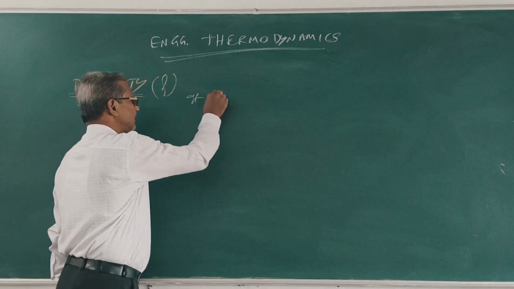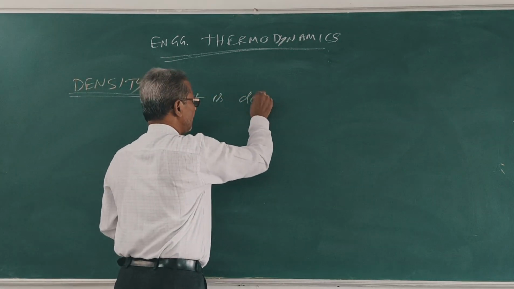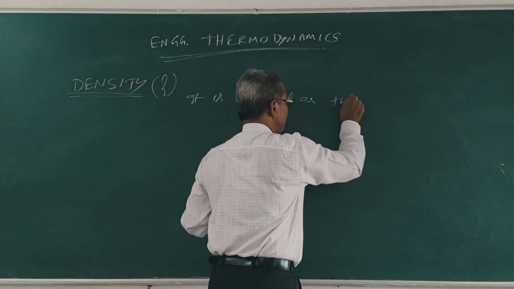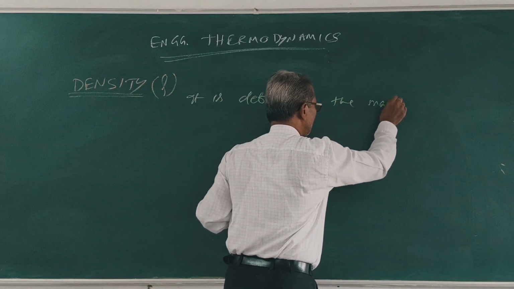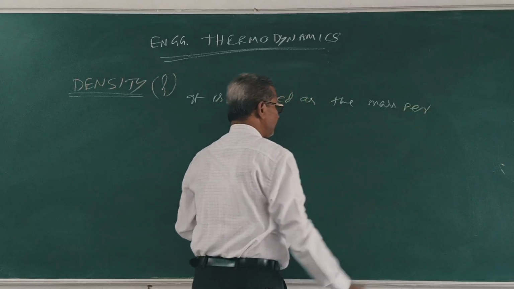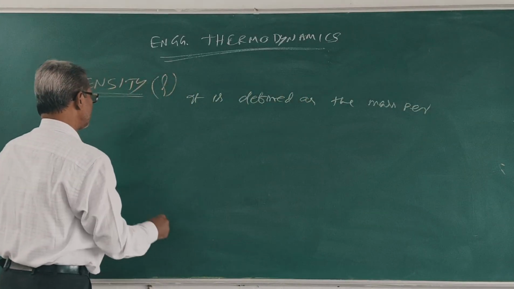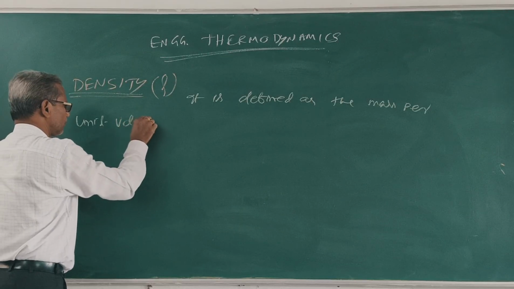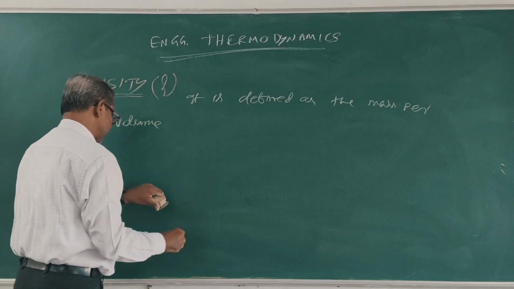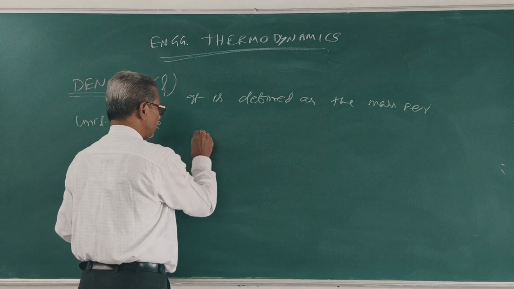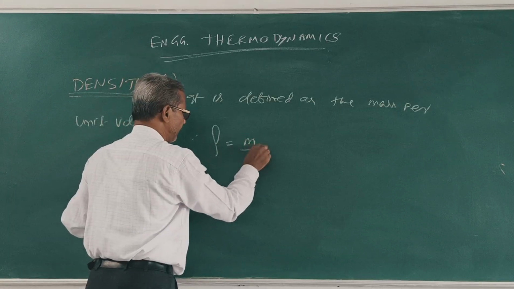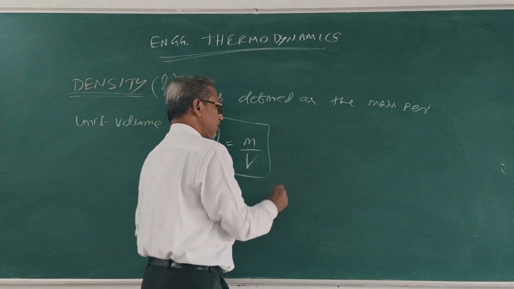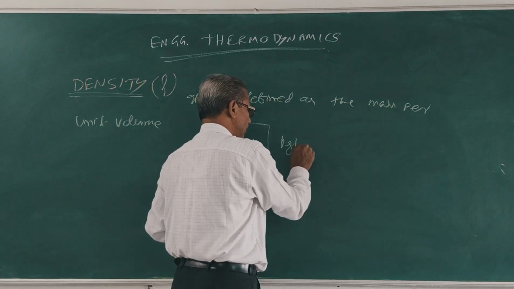That is, rho is equal to M by V. What is M? Mass. Kg per meter cube.